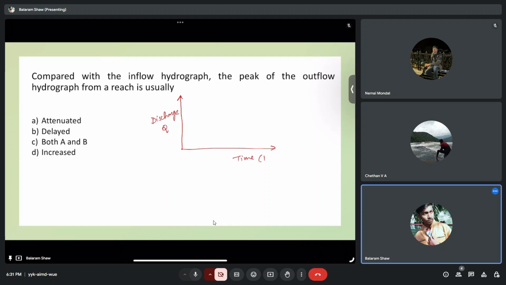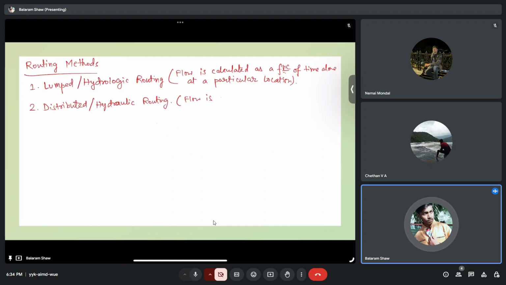Whereas in distributed routing, the flow is calculated as a function of both space and time throughout the system.